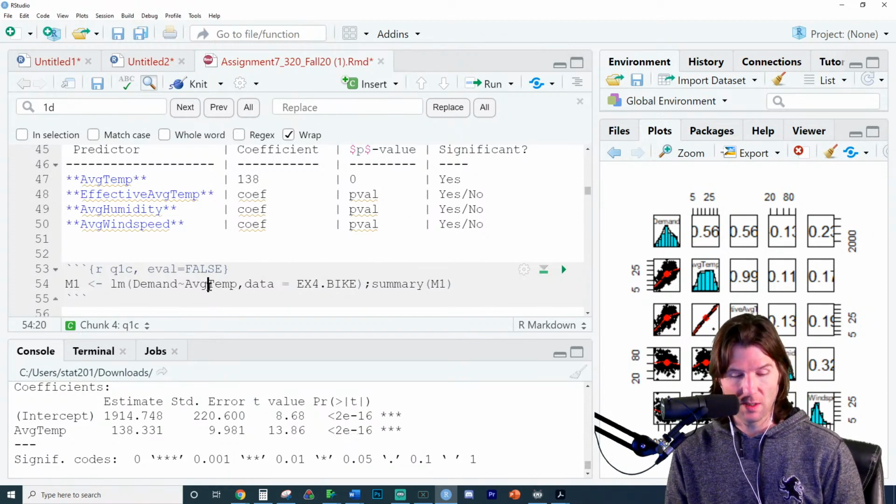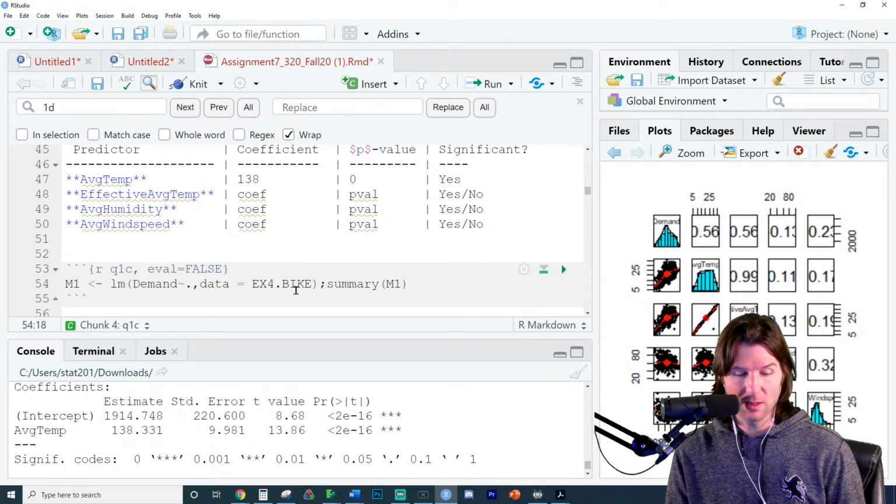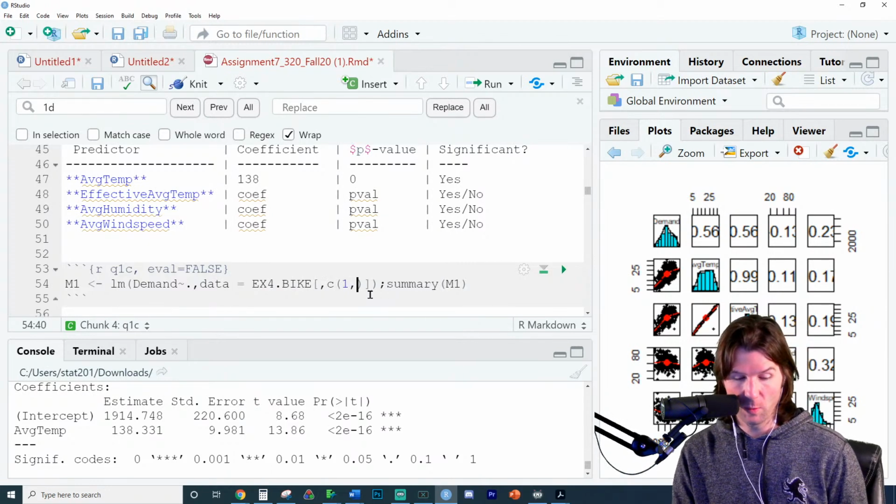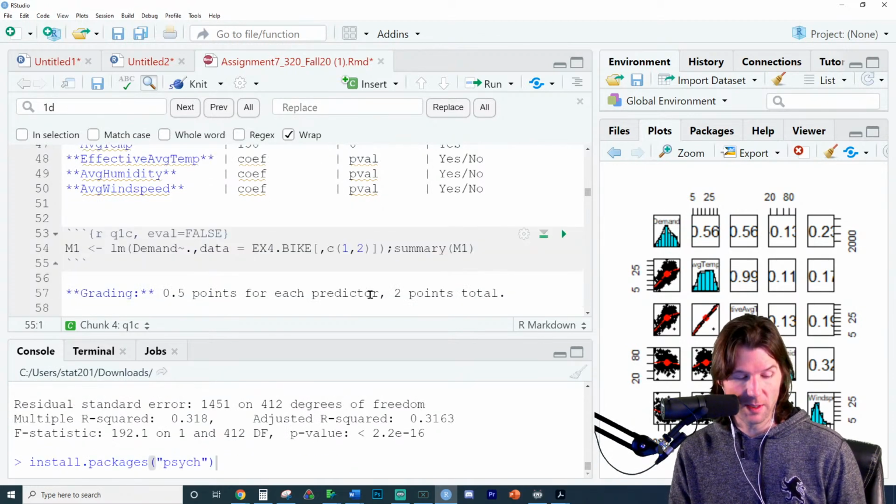But if we change this, demand is the first variable in the model. So let's go here and take, this is a little confusing, only columns 1 and 2. Let's run it again, and now look what we have.